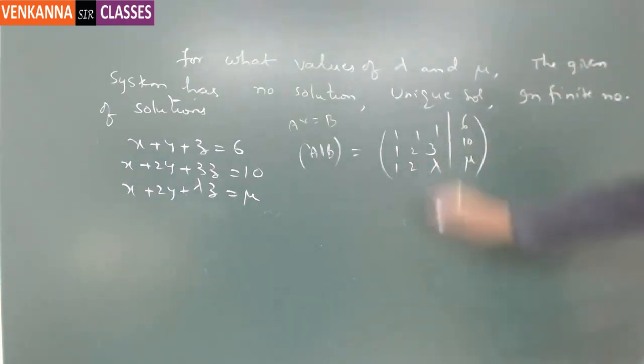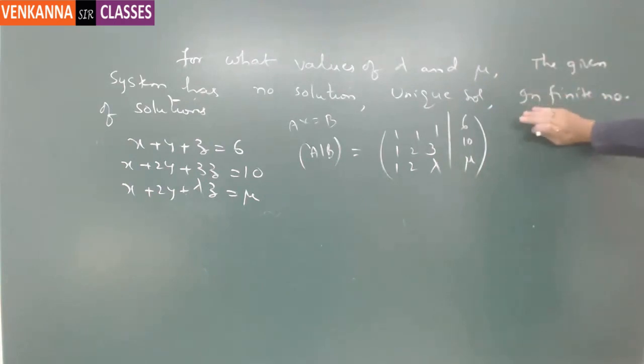So we will apply row operations as these. Please understand, here we are not applying the Gauss elimination pivot method. We are simply applying the row operations at our convenience, because the question asks us to determine lambda and mu to get the required solution. It doesn't mention Gauss elimination, so you can apply any kind of row operations here to get the required answer.